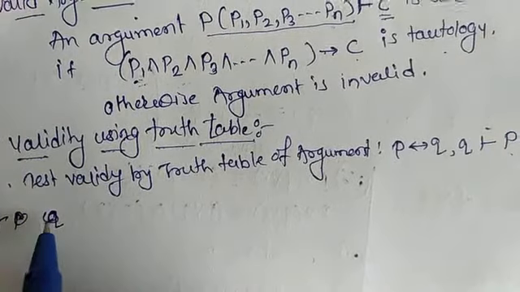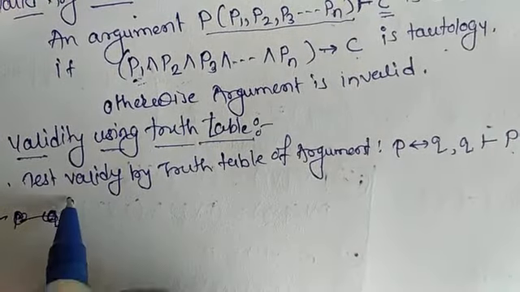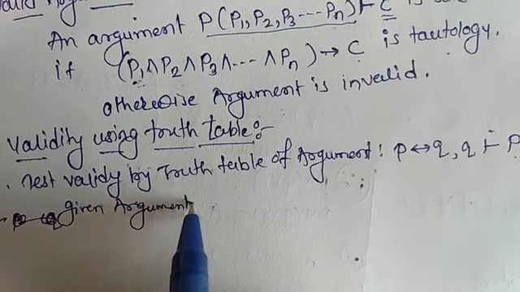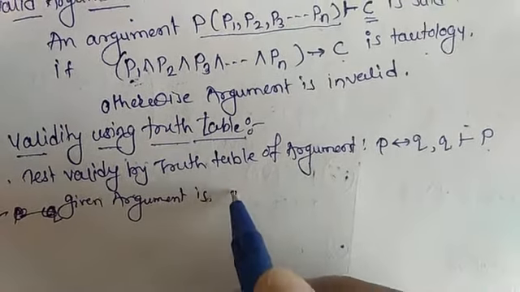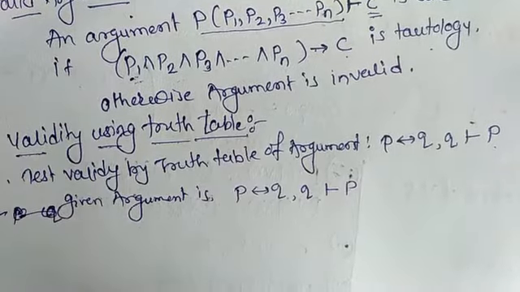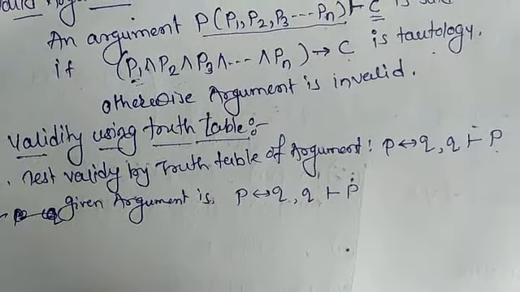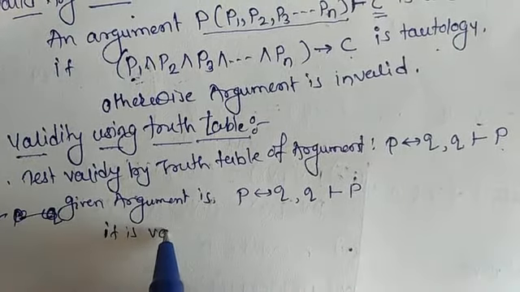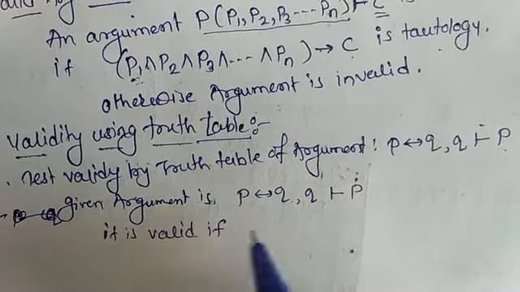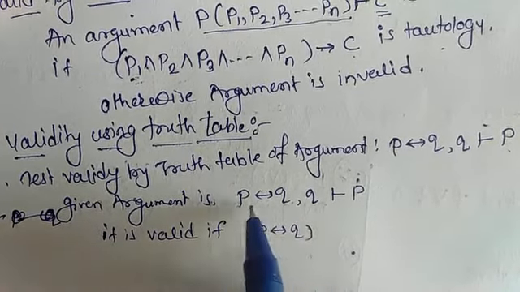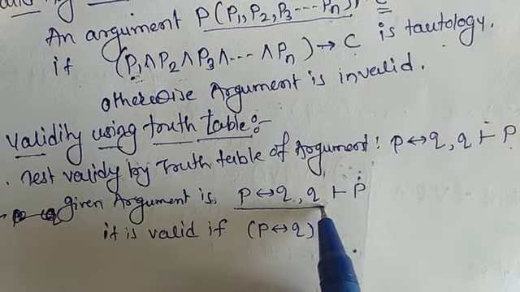Here the given argument is P → Q, Q, conclude P. So it is valid if (P → Q) and Q is our premises part.